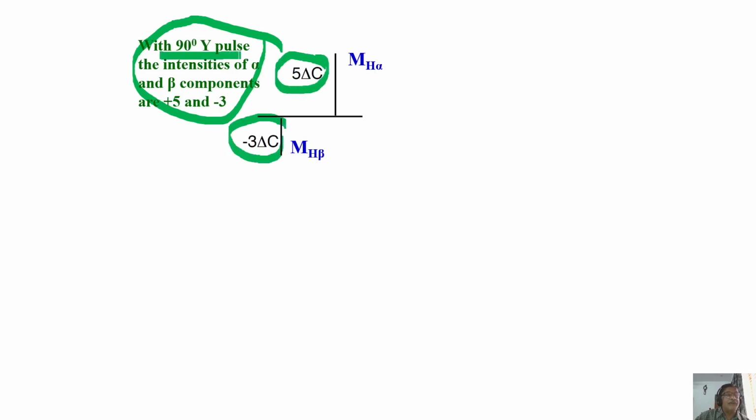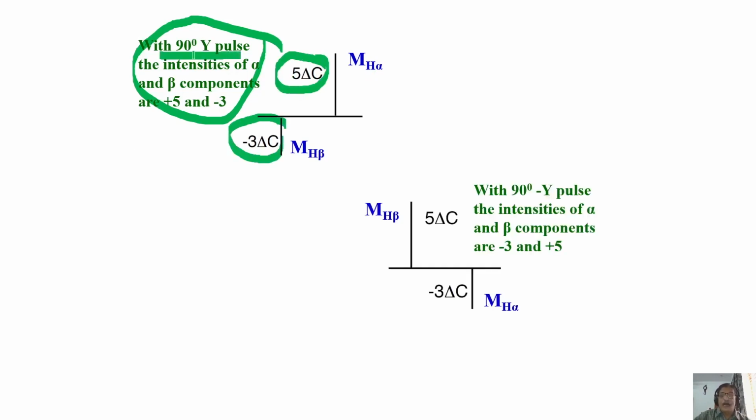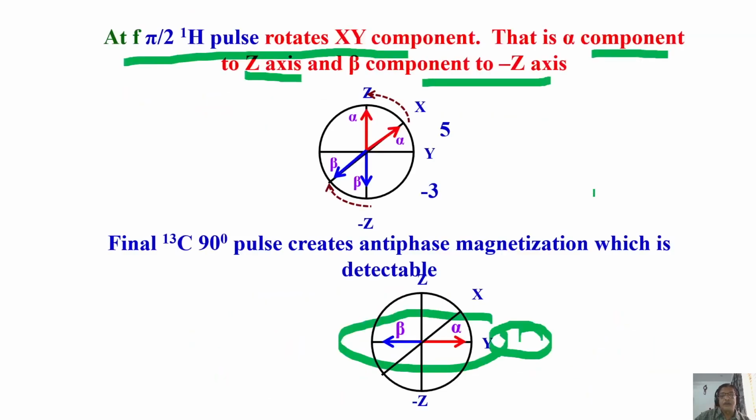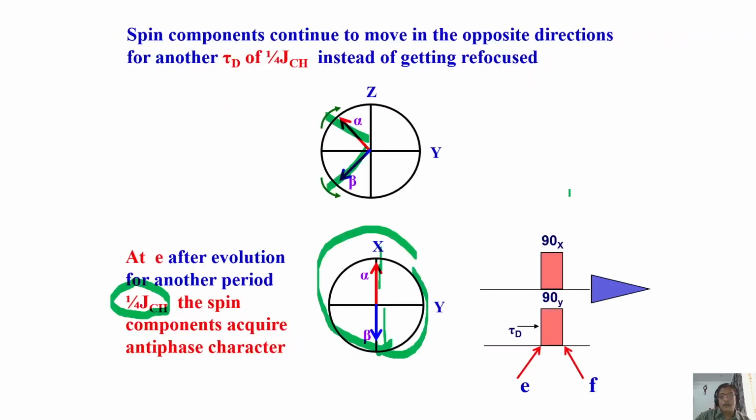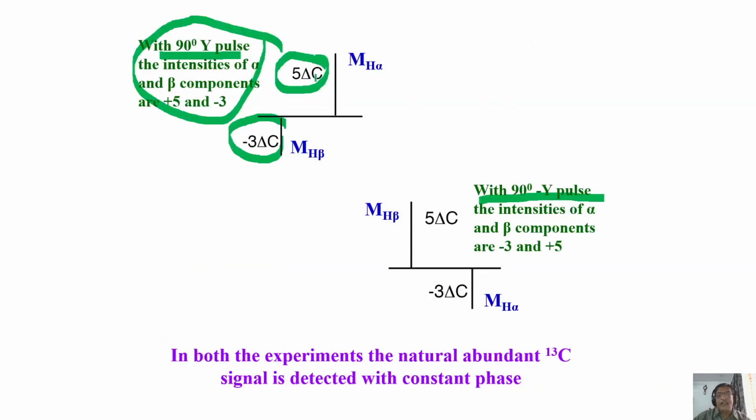I have assumed that I have applied the pulse on the Y axis, a 90-degree Y pulse. On the other hand, I can also do another experiment with a 90-degree -Y pulse as the last pulse. So I do two experiments, one with 90 +Y, another with 90 -Y.